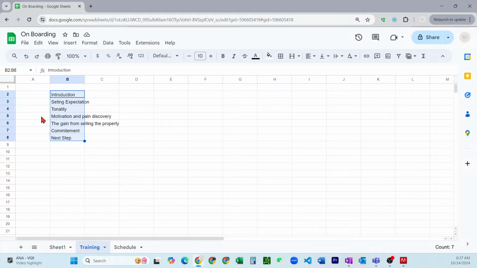What's the time frame? What's the price? Before we go, we confirm the terms and conditions that we have discussed prior, and then we prevent seller remorse. This is very powerful, I would say.